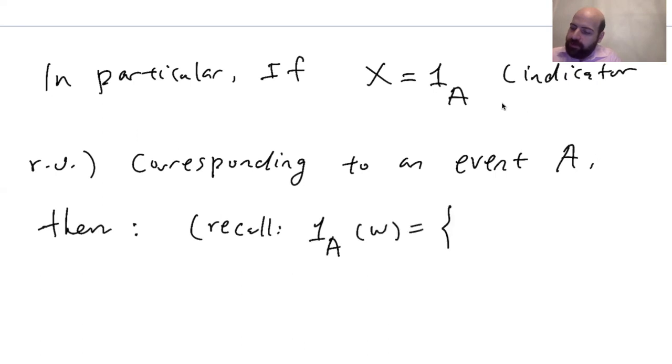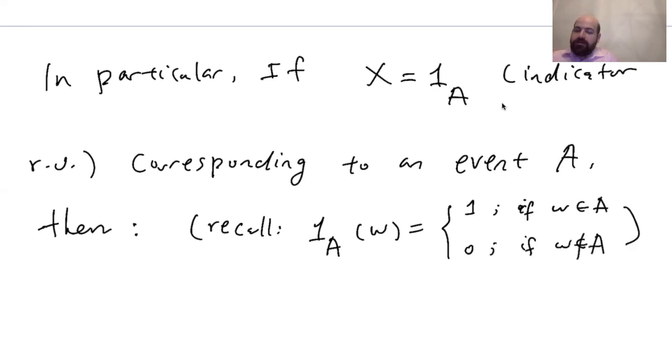So 1_A of omega is equal to 1 if omega belongs to A, and it's 0 if omega does not belong to A. Remember, a random variable means a function from the sample space to real numbers. And to define a function, you need to assign one output to each input, right? So the inputs are small omegas, elements of the sample space.